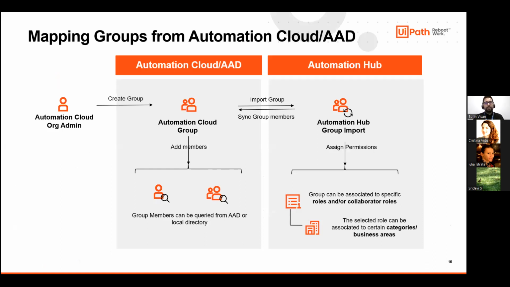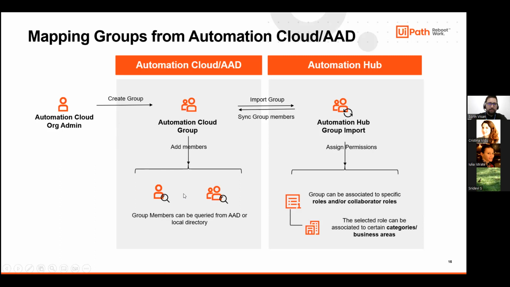The main thing that we want to emphasize here is that the integration between Automation Hub and Automation Cloud allows you to go as granular as you want in terms of group management. That means that an Automation Cloud org admin can create a group in Automation Cloud, and that group can contain members from the local directory and also from Azure Active Directory.